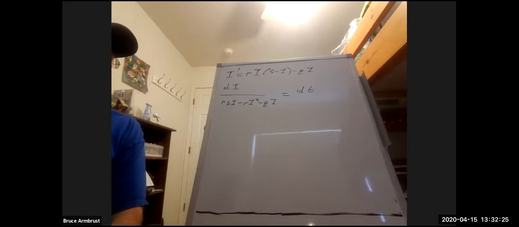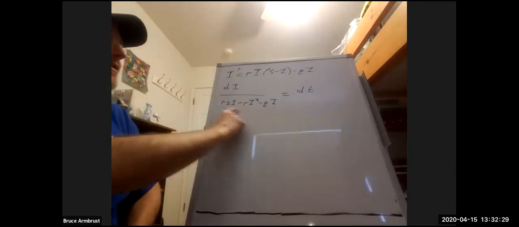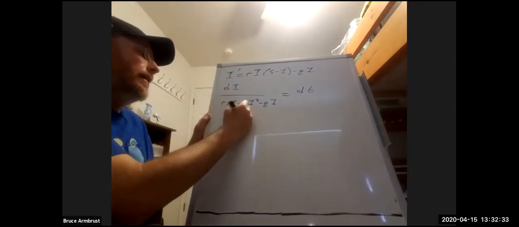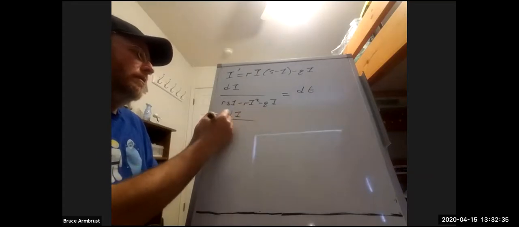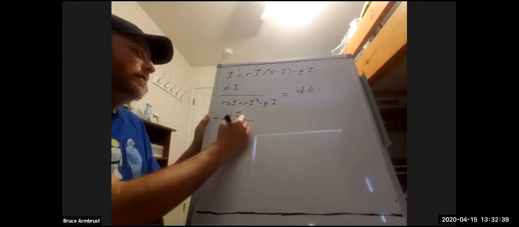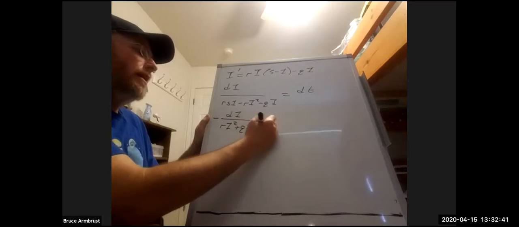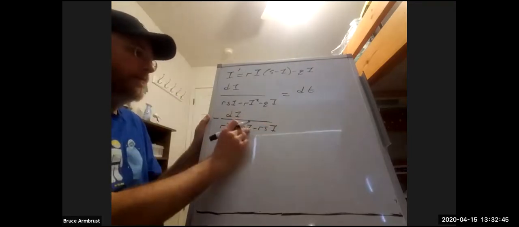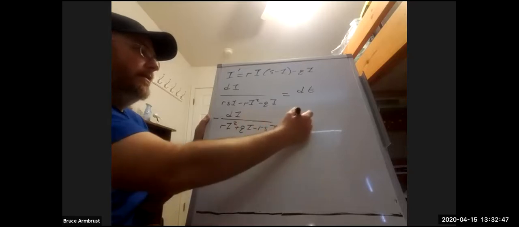All right, I'm going to do one more thing. I'm going to factor out a minus sign from all of this. So I get a dI over, I'll put the minus out front, rI squared plus qI minus rsI. Again, that equals dt.